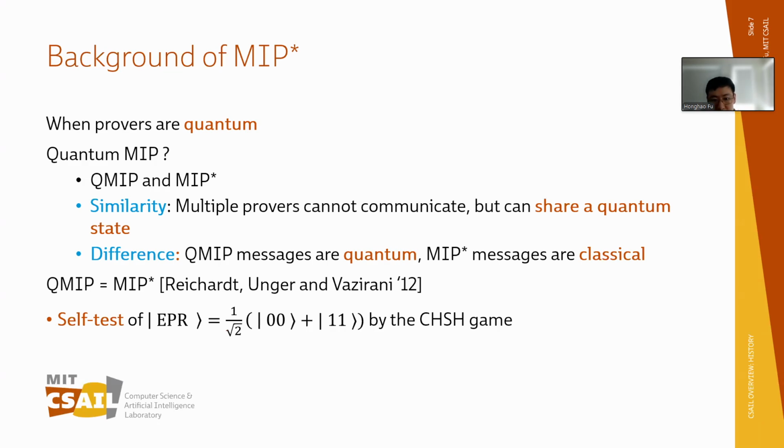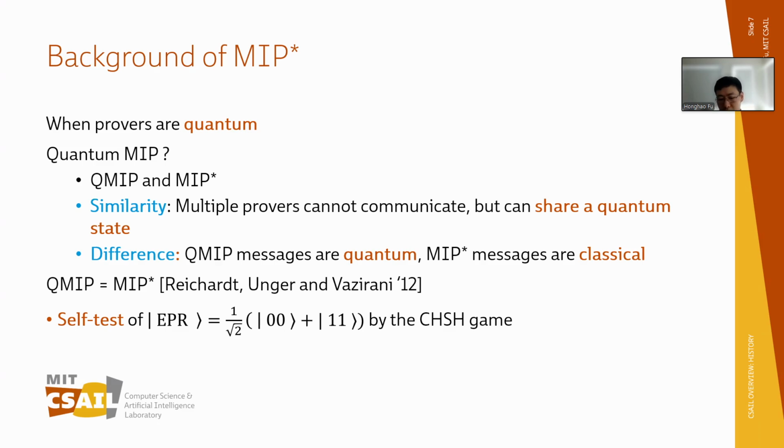So the idea is that they are going to mix the CHSH test with the instructions of a delegation protocol, so that each prover will get a question, but he will not know whether this question is from the CHSH test or from the delegation protocol.